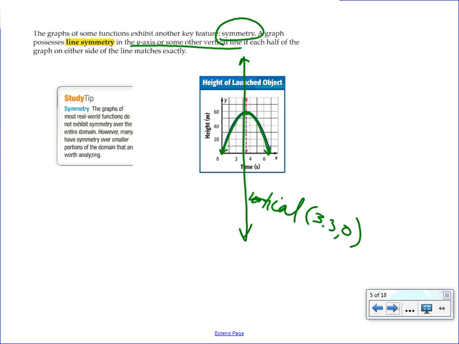And make a note that the graphs of most real-world functions, real-world things, do not exhibit symmetry. Symmetry is pretty rare in that kind of graph. However, you may see smaller portions of the domain that are worth looking at. So just keep that in mind, that symmetry might occur for a little while and then it changes.